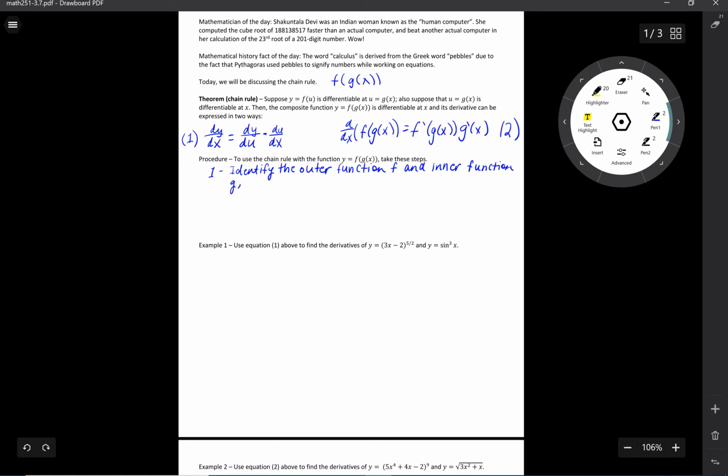And we set a variable u equal to g of x. So u is basically just acting as a dummy variable here.